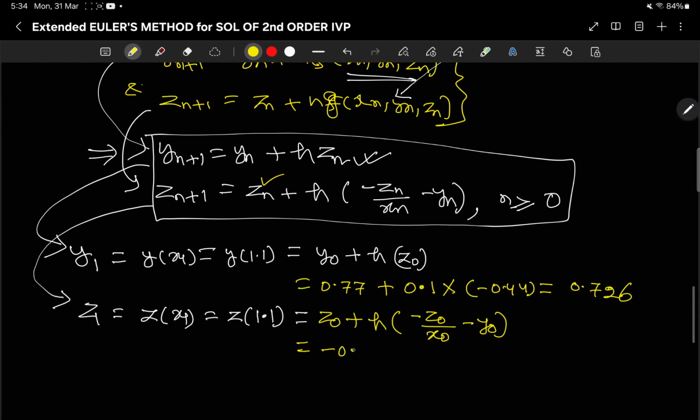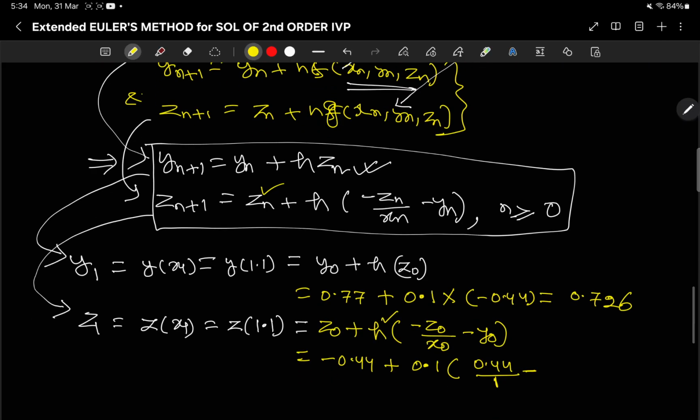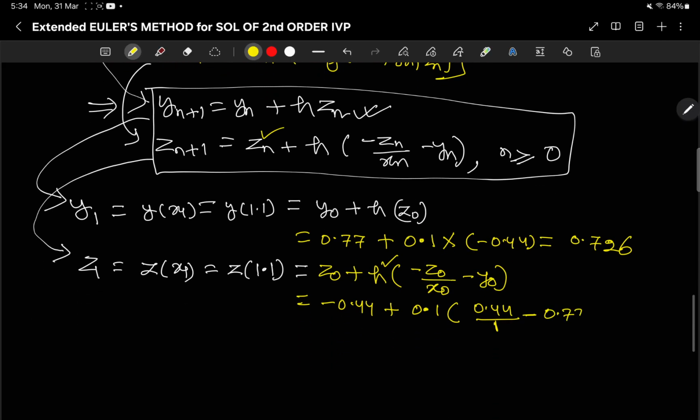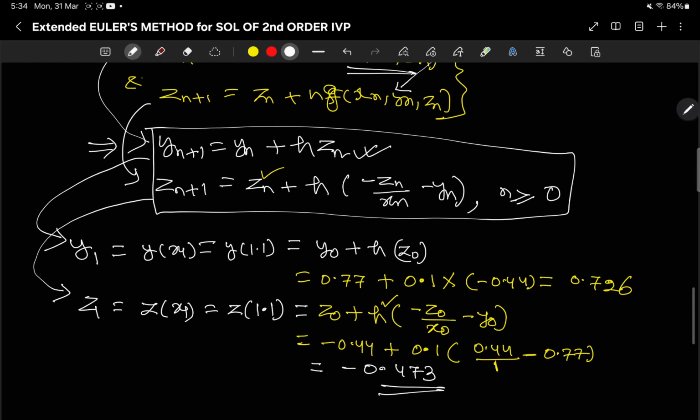So it is minus 0.44 plus h, 0.1, into minus z0 by x0, which is 1, minus y0, which is 0.77. If you simplify it, this will be minus 0.473. Okay.